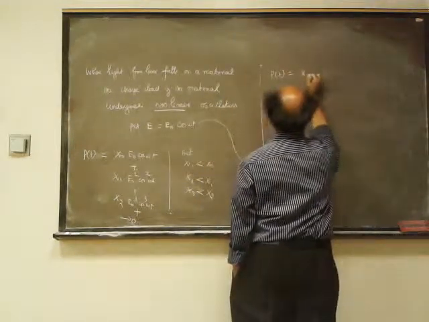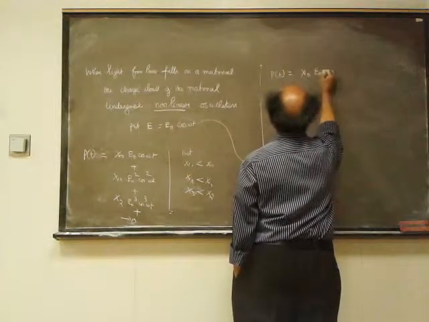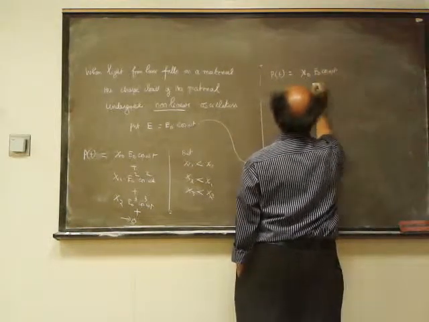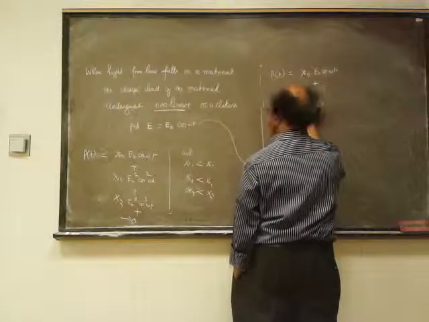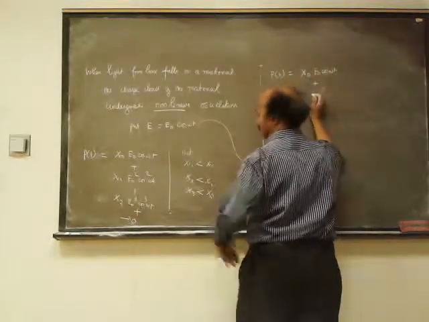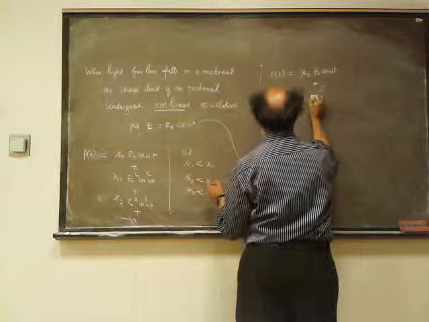is chi naught E naught cos omega t plus chi 1 E naught square.